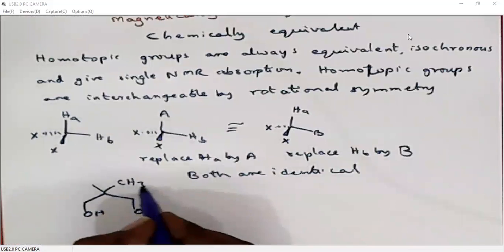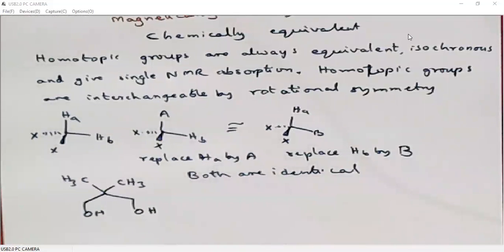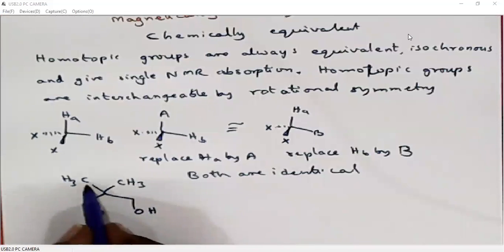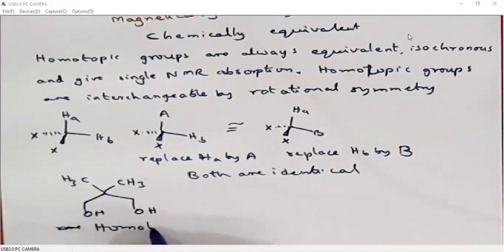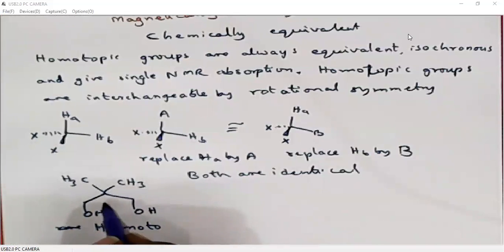Look at this molecule. Now look at these two methyl groups on this carbon. They have the same substituents, say for example, X and X. Because these two are the same, even if we replace one of the methyls with some other group, it doesn't become chiral.